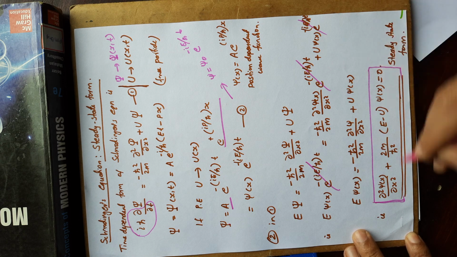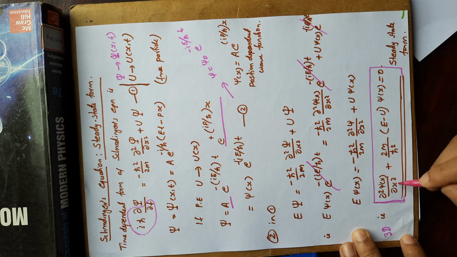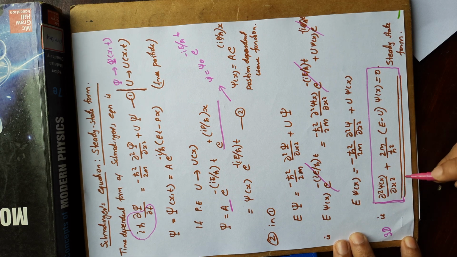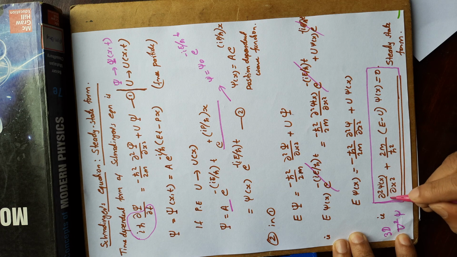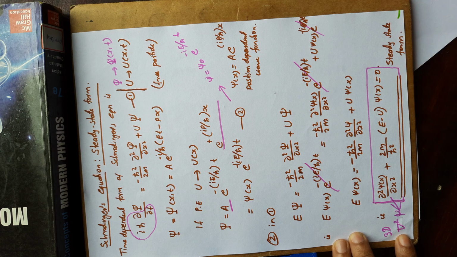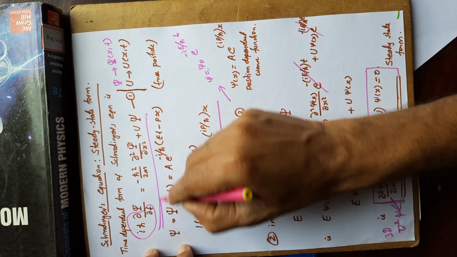In three dimensions, this term dou square by dou x square is generalized to dou square by dou x square plus dou square by dou y square plus dou square by dou z square, or the Laplacian del square psi. That is the only difference. Remaining terms are the same. So this is the time dependent form.